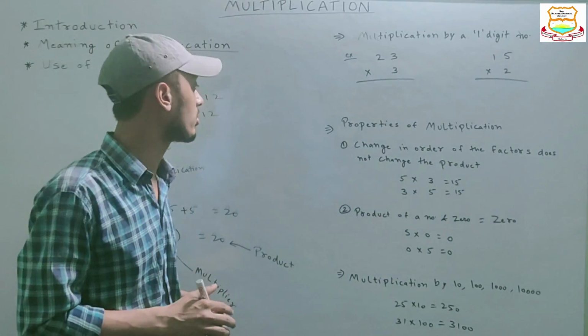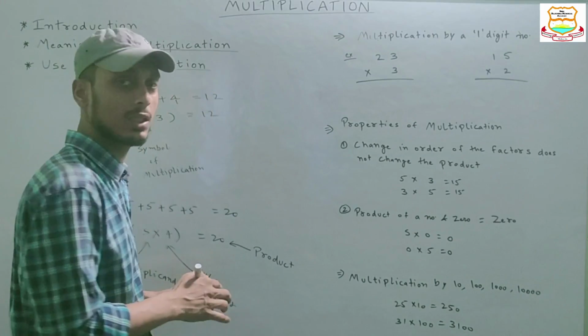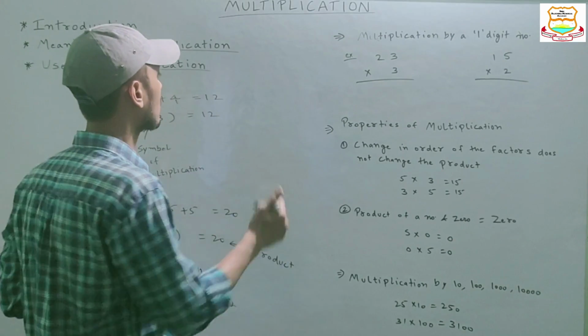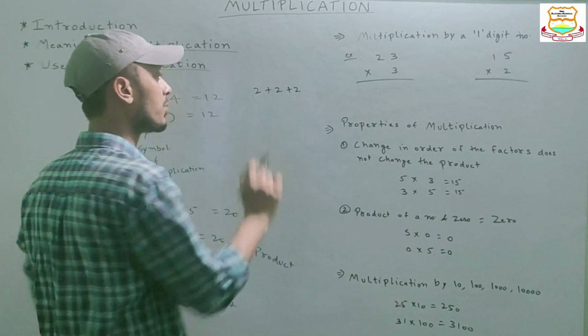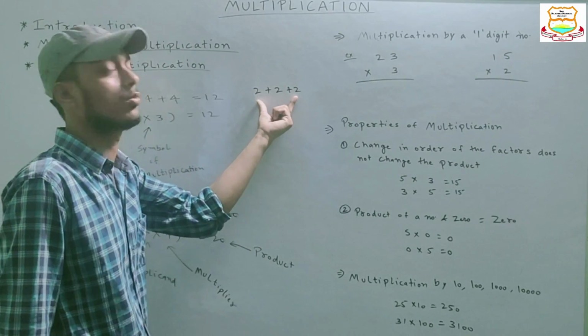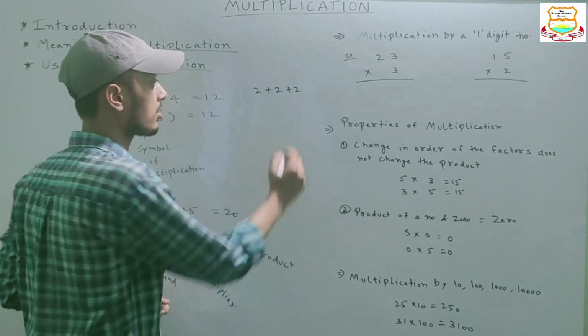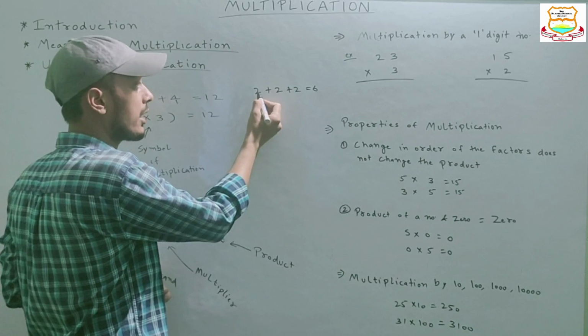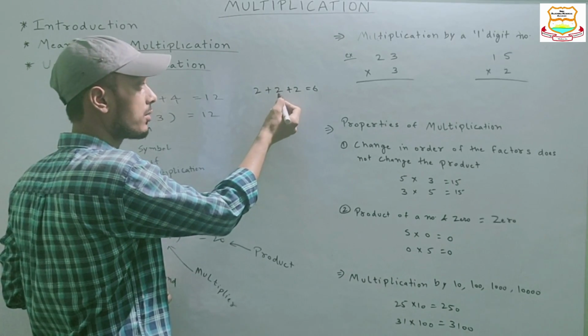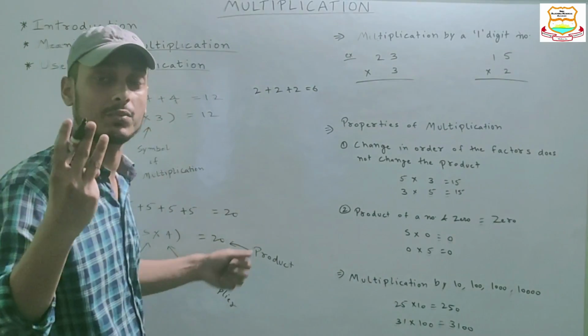Let me explain you by an example. Suppose we want to add 2 plus 2 plus 2, 3 times. What will be the answer? 6. We see here that 2 is being added again and again, 3 times.